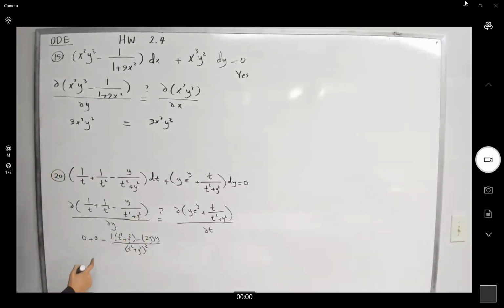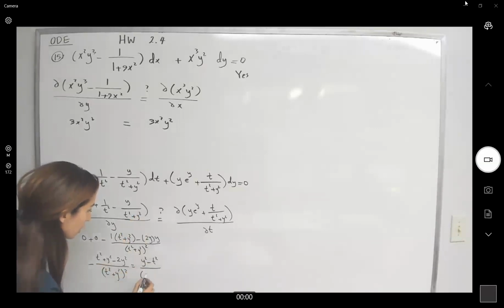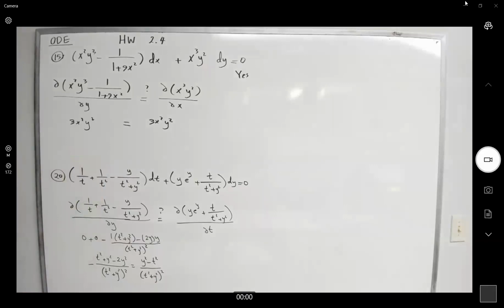So if you simplify this, you get negative t squared plus y squared minus 2y squared, with the negative sign outside, divided by t squared plus y squared to the second power, which becomes negative y squared minus t squared divided by t squared plus y squared to the second power. This is our left-hand side.